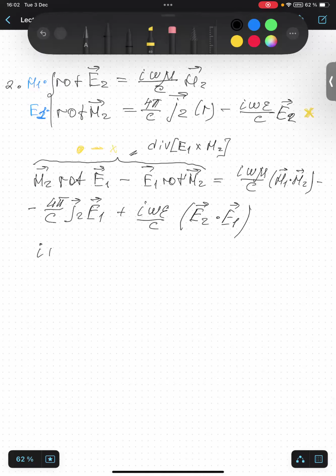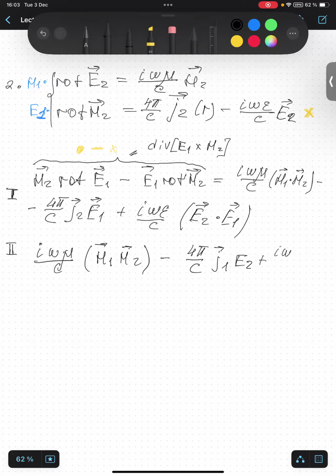I will write it: ω μ over c, H1 H2, minus 4π over c J1 E2, almost the same, but the indices are different, E1 E2, and it equals the divergence of E2 H1, just like here.